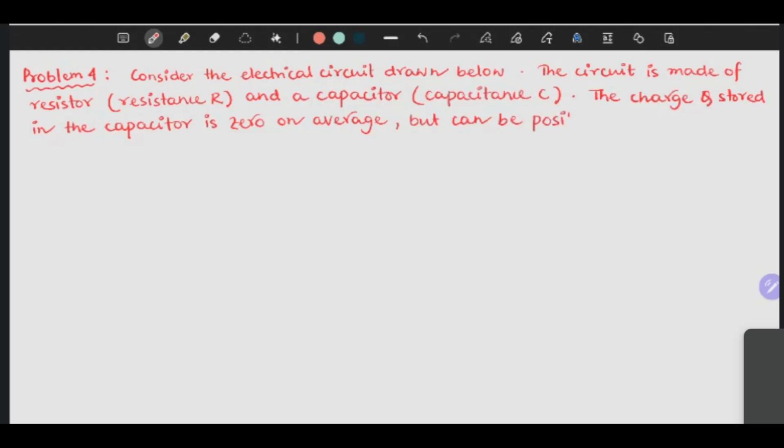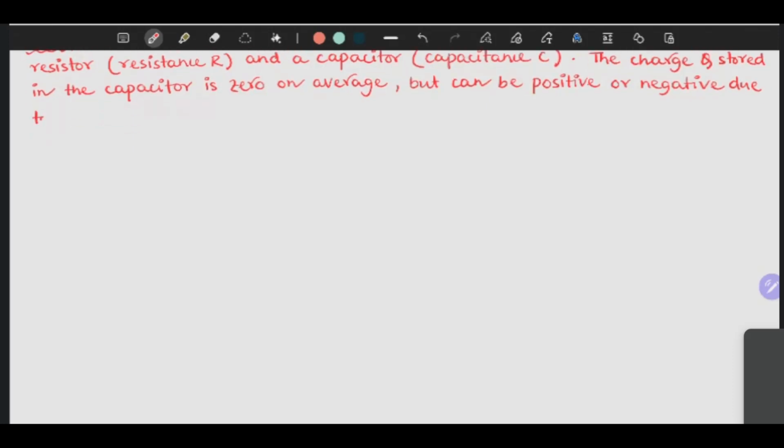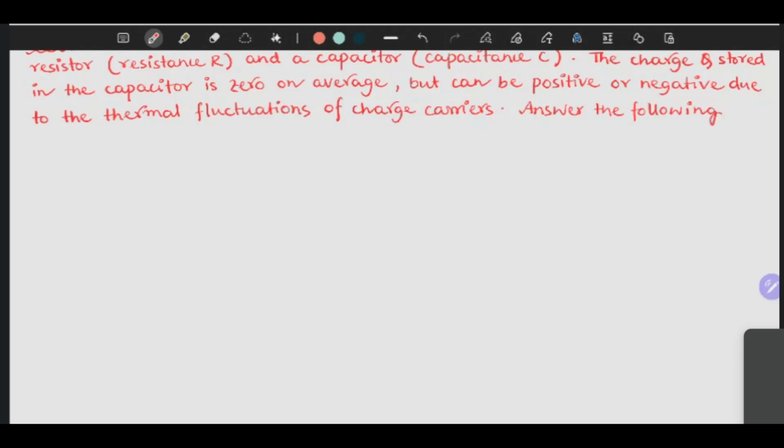When it is fluctuating around 0, that means it is positive or negative due to the thermal fluctuations of charge carriers. Answer the following questions.